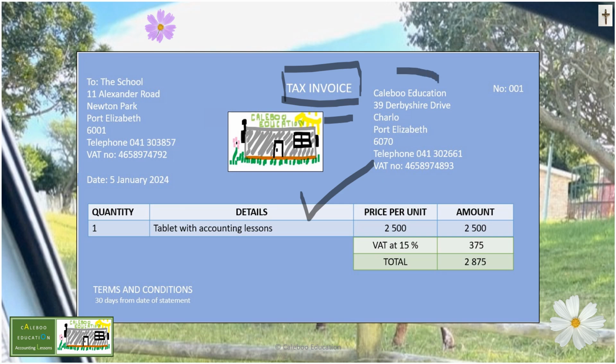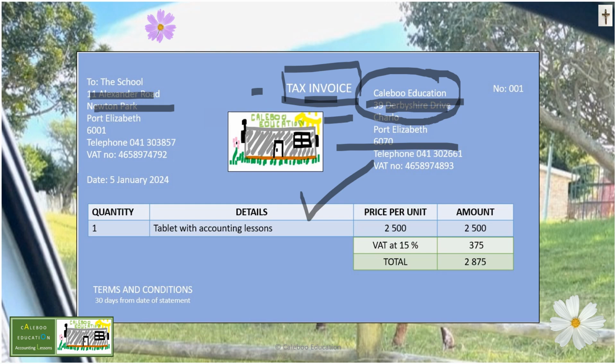And remember, we're in the books of Calibre Education, and Calibre Education will issue the original to the school and keep the duplicate. So the answer, what document is used by Calibre Education to record credit transactions, you will say tax invoice duplicate or invoice duplicate, because the original was given to the school.